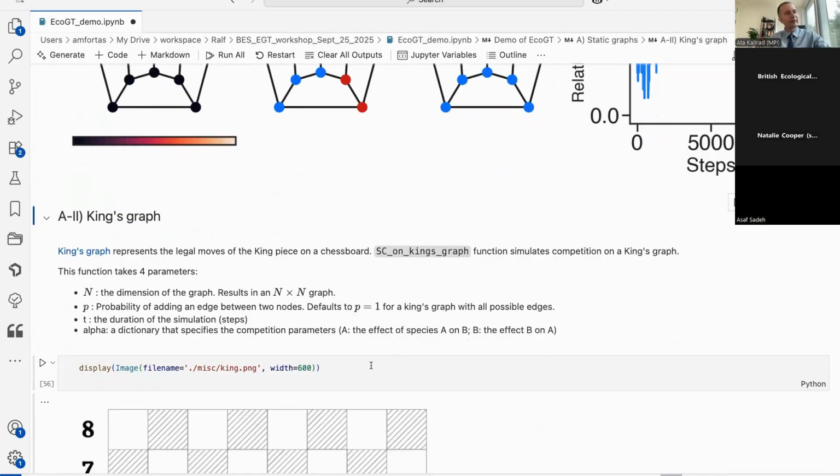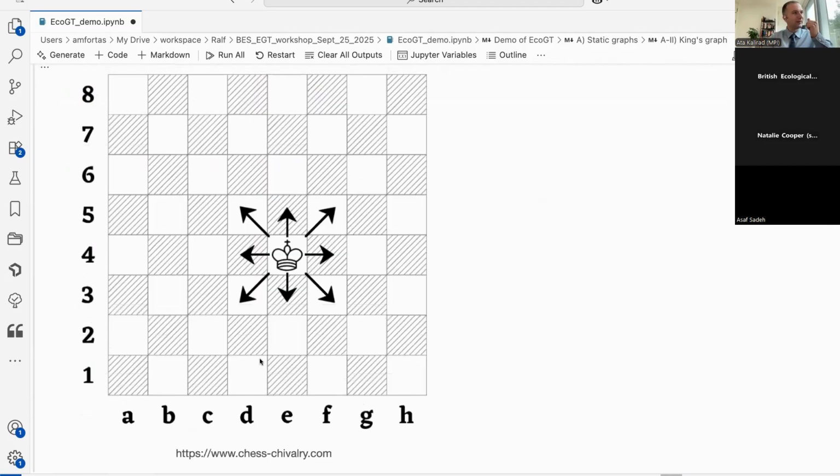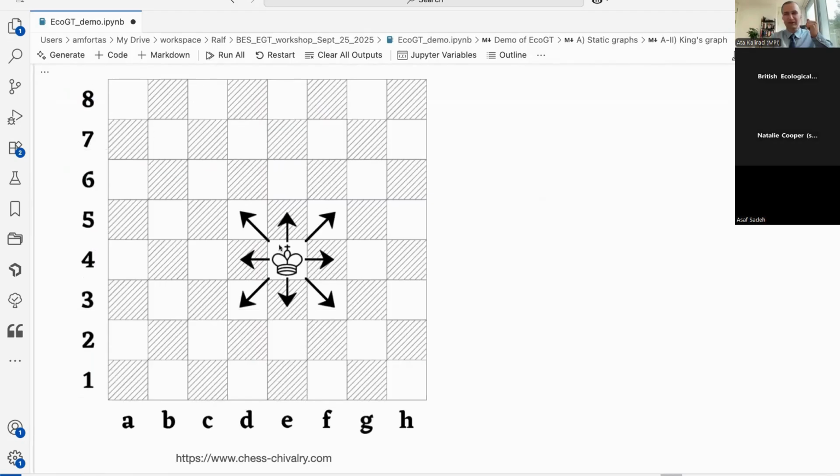The other pedagogical graph is a King's graph. This is the image from chesschivalry.com, where the King's graph is a graph representation of all the possible moves a king can make on a chess board.